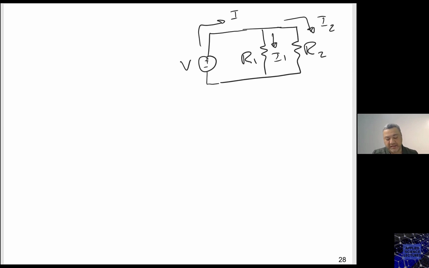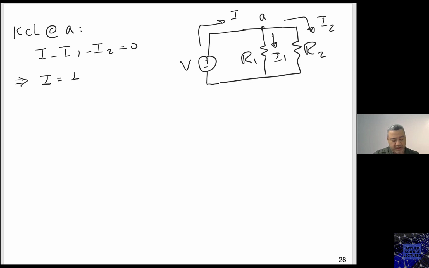If we apply KCL right here at this point, so if we say KCL at A, what do we get? If we take the entering as positive, then it would be I minus I1 minus I2 equals 0.